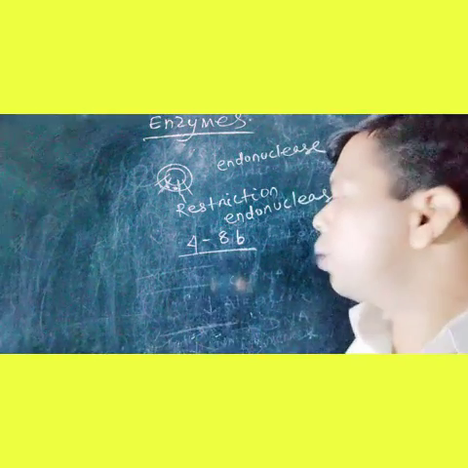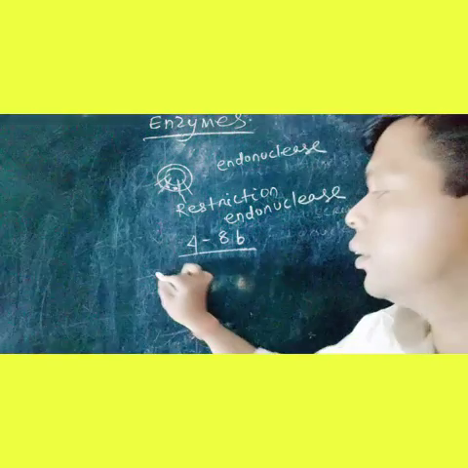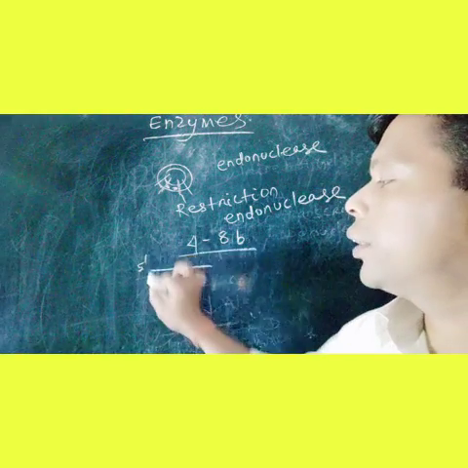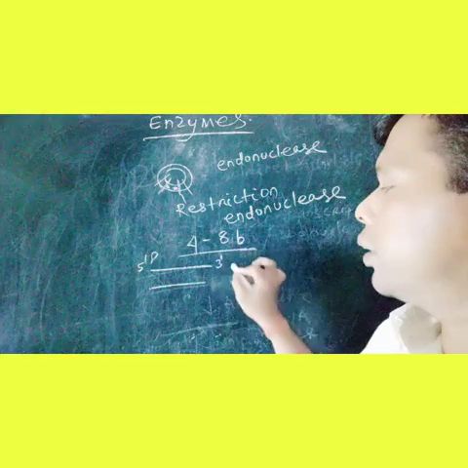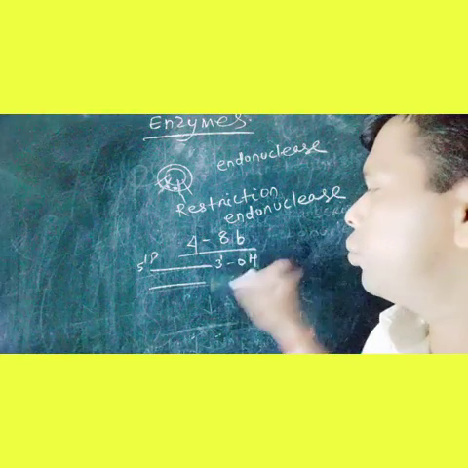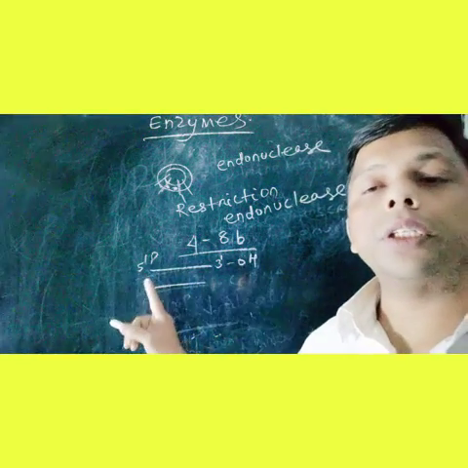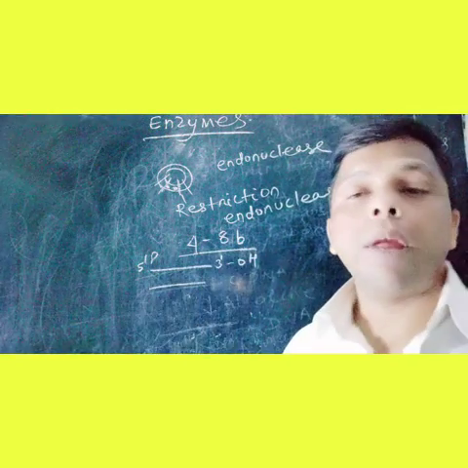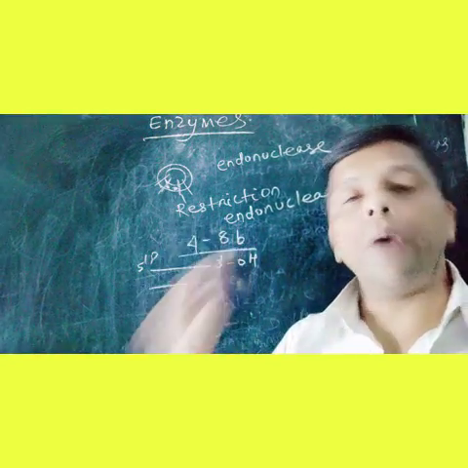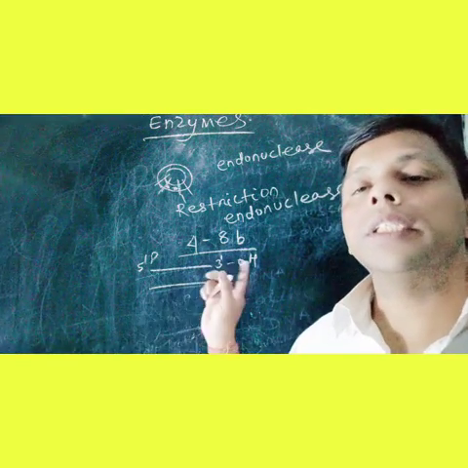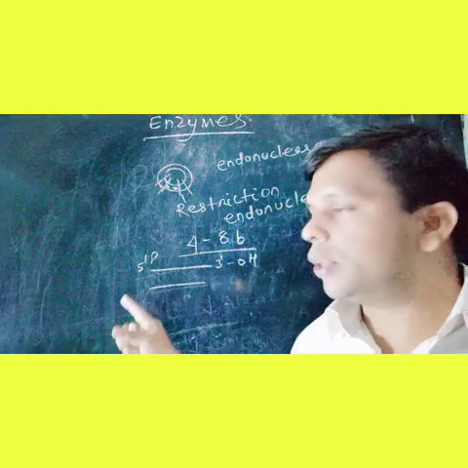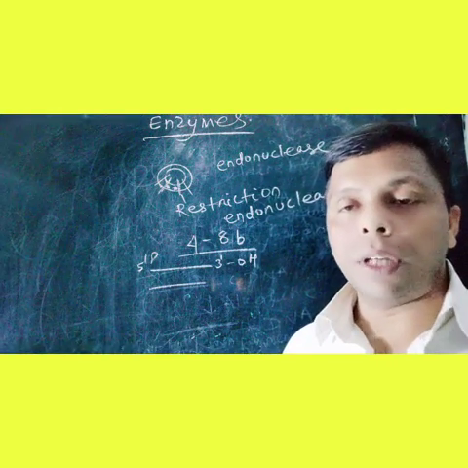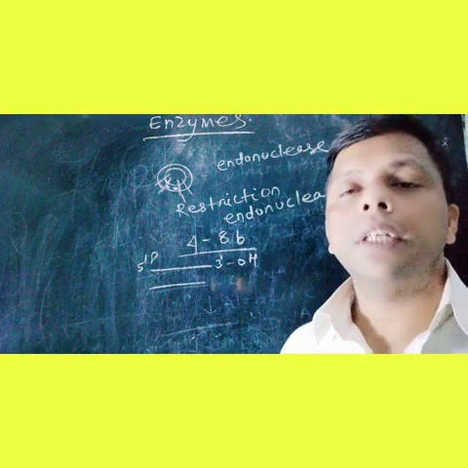After splitting, there is a 5' phosphate and a 3' OH. At the 5' position, a free phosphate group is present, and at the 3' position, there is an OH group. This is the resulting DNA which is isolated after endonuclease treatment.